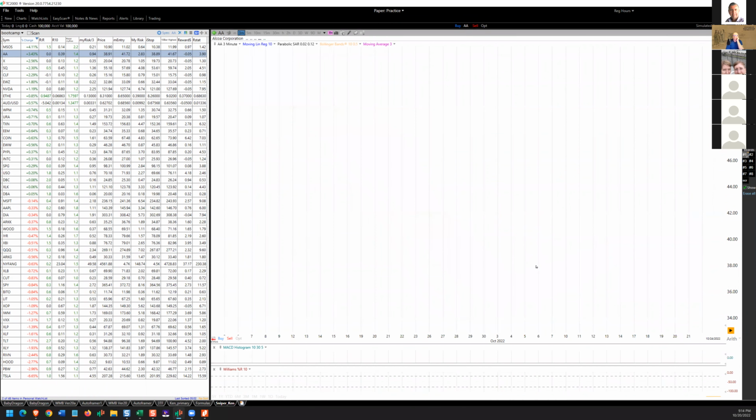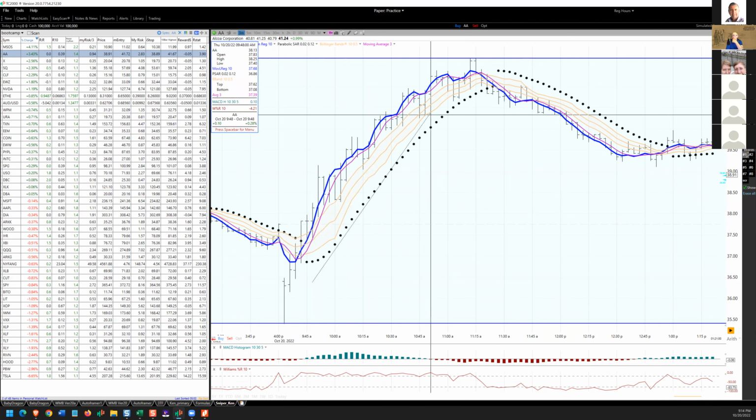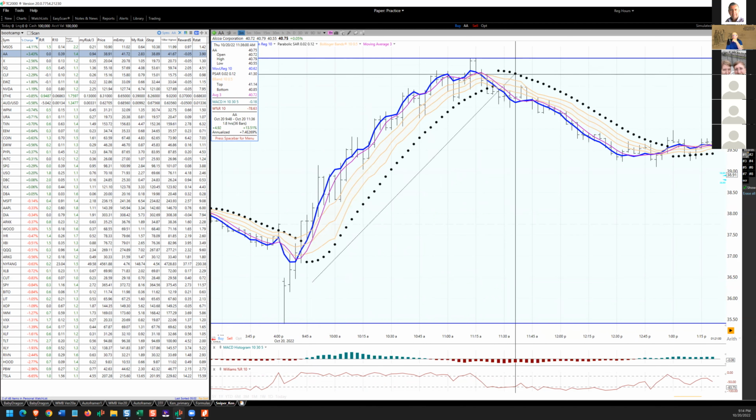That's a move. If you play the OR3 breakout, you're getting an entry right around 36, and that thing does nothing but move straight up until about 41. So that's a $5 move, and Alcoa has a R10 of 40 cents. So that's a 15R move. Find the movers.